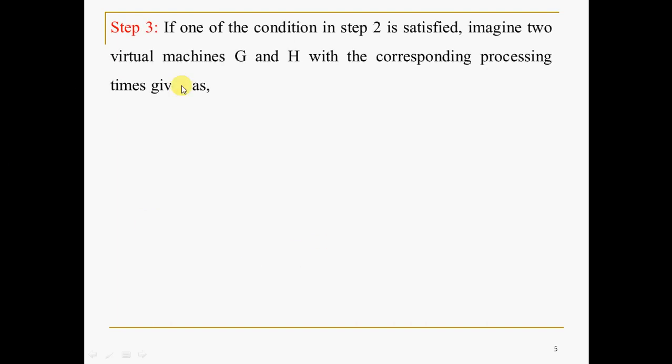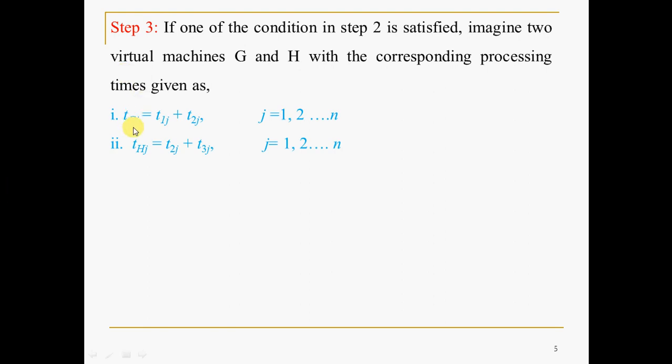In step 3 you convert the n jobs three machines problem to an n jobs two machines problem. Why convert? To apply Johnson's algorithm, because Johnson's algorithm is limited to the n jobs two machines problem. So if you have three machines, you convert them into two machines by following these steps.